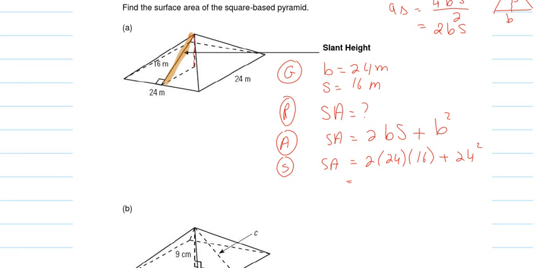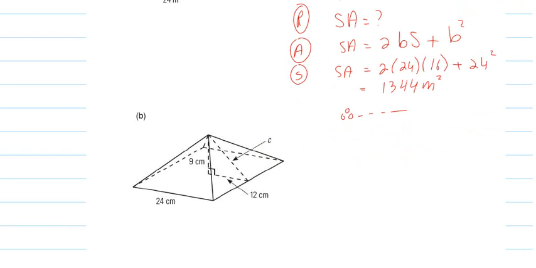And your answer, correct me if it's wrong, is 1344 meters squared. Are you guys good with that? All right. Now, your therefore statement is going to be: the surface area of this pyramid is 1344 meters squared.